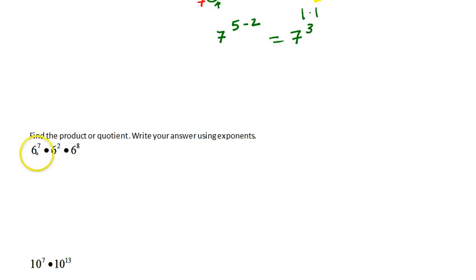So if I have 6 to the seventh times 6 to the second times 6 to the eighth, if I use my rule, I'm going to take my exponents and add them. I have all the same base. So 6 to the power of 7 plus 2 plus 8. If I add those up, I get 6 to the 17, and that's my answer.